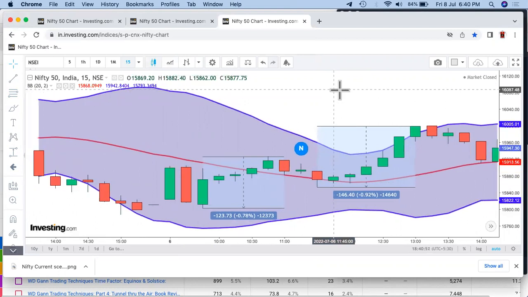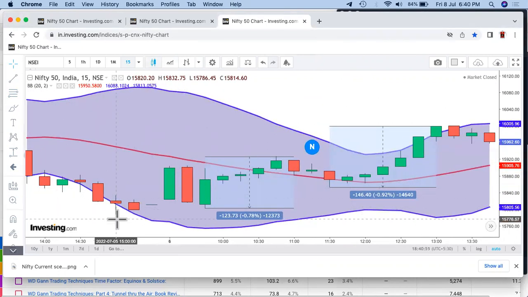So again, in terms of reversal, yes, this was a bottom. After that, the price did go up. Again, it came back, it crossed, again it came back. When it came back again in the 15 minutes time frame, I got around 123 points to the top part. So I'll only trade for 120, 130, 150 points, not more than that, because I know after this, probably I'll be getting a reversal, right?